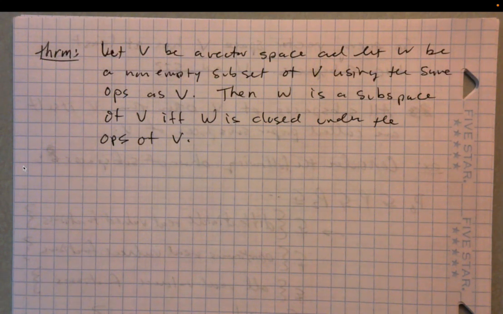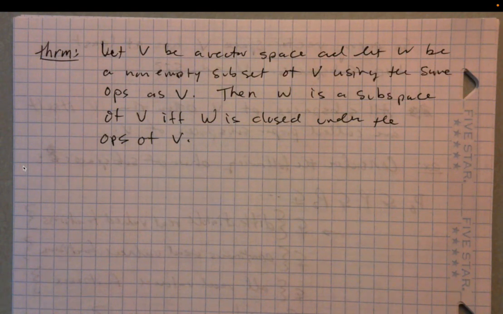So what is this theorem basically saying? If I have a vector space V and I've identified a subset W of V, then in order to confirm that W is in fact a subspace, I need only show that W is closed.